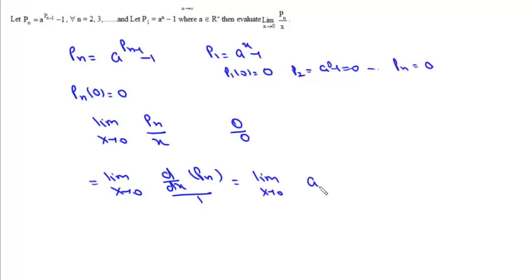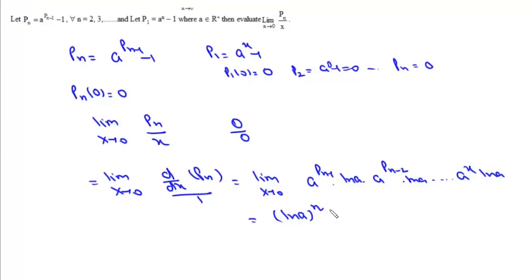Now this is a to the power Pn minus 1 log a into derivative of Pn minus 1, and derivative of Pn minus 1 will be a to the power Pn minus 2 log a, and will continue up to this last one which is a to the power x into log a. Now if we put x as 0, we know that all P1, P2, Pn, they are 0. So a to the power 0 is 1. So value of this limit will be log of a to the power n, and that is the answer to this question.